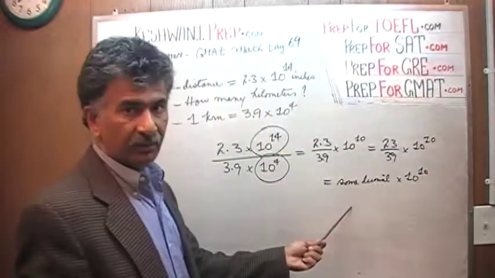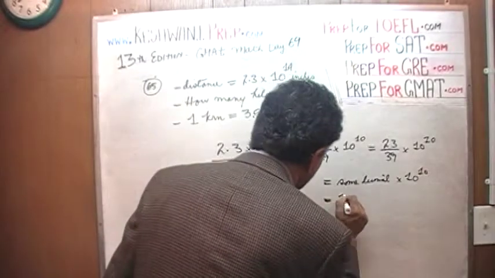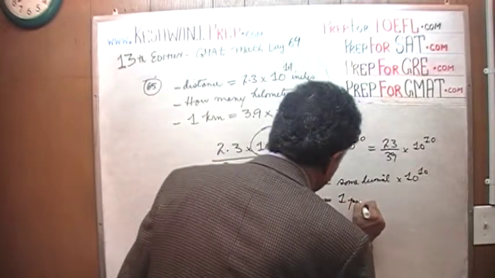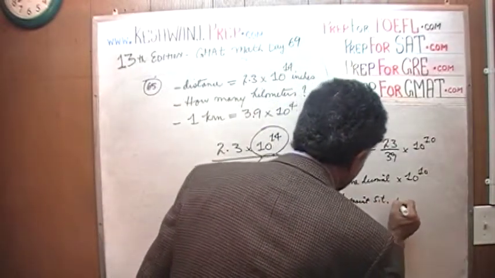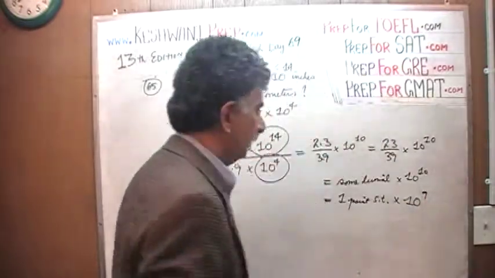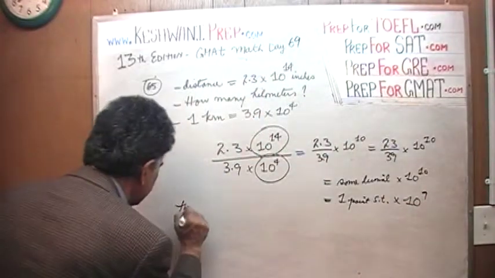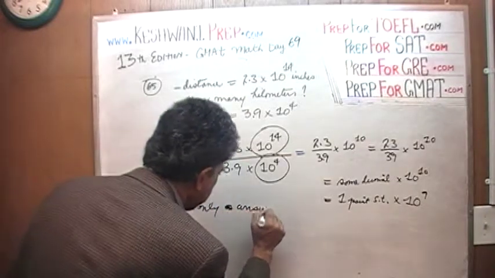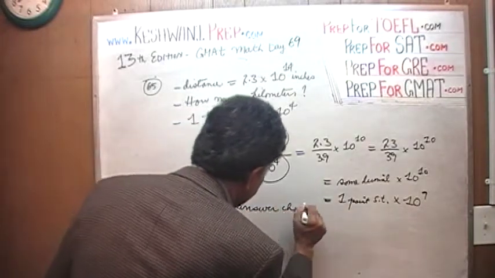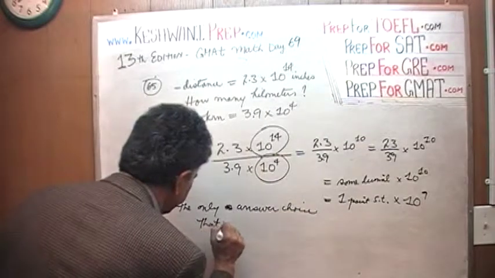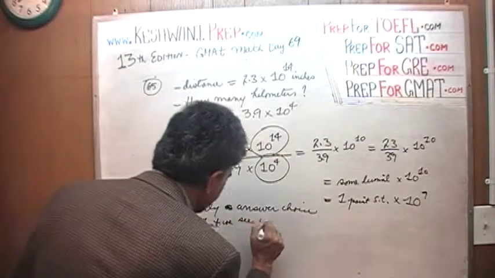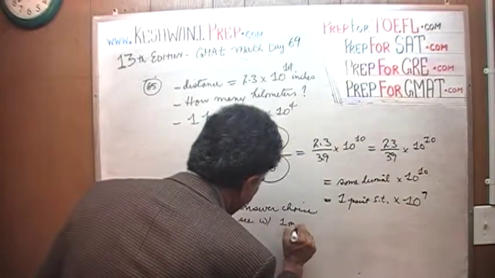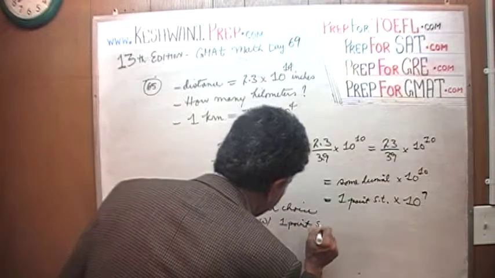And in order for us to get rid of the decimal, it's going to be 1 point something times 10 raised to 9. The only answer choice that we see with 1 point something.